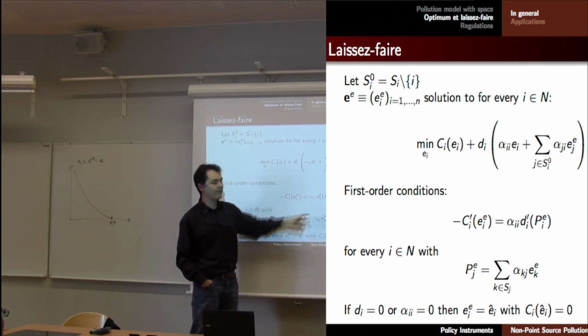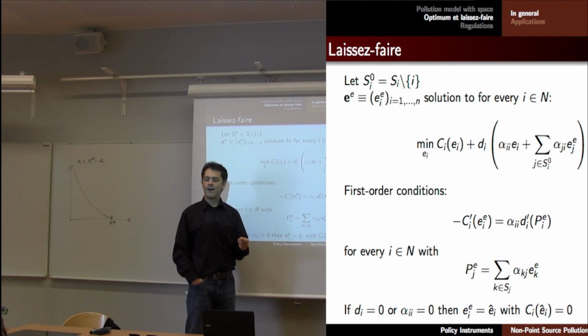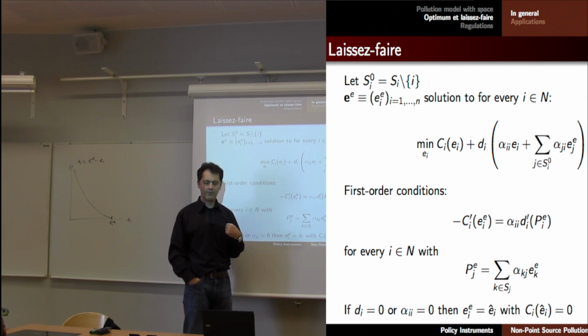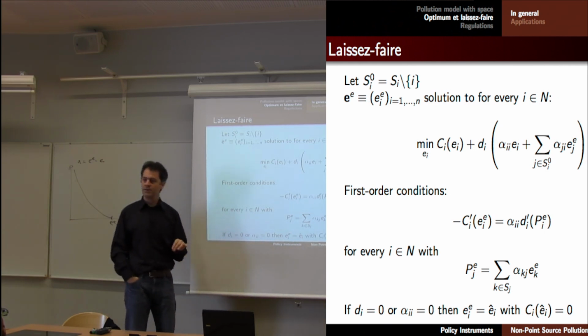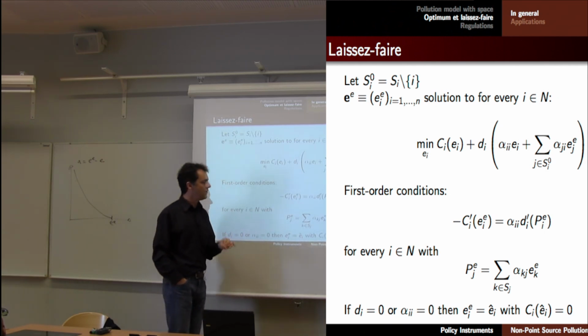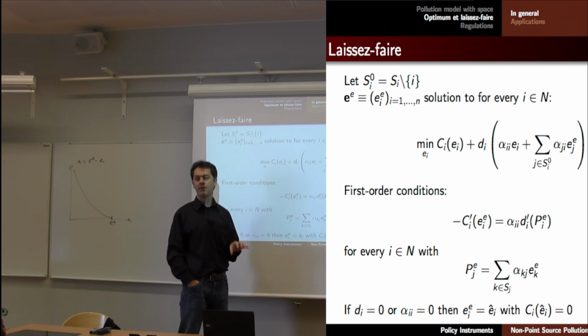And here you have only the transfer coefficient from i to i. So the problem is that agent i cares only about the damage of his own emission on his own territory, or like Belgium cares about the impact of its SO2 emission within its territory only.